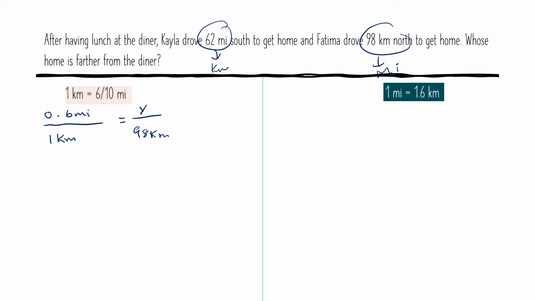We want to know X amount of miles. Okay, so cross multiply, X times 1 is X equaling 0.6 times 90 is 58.8 miles in this case, because that's what we're looking for.